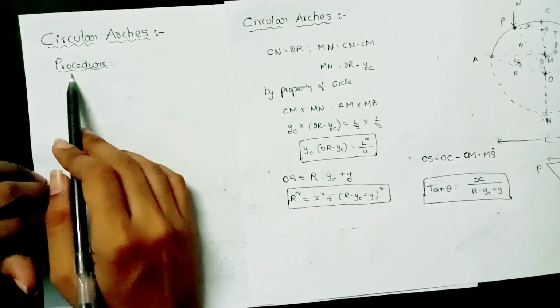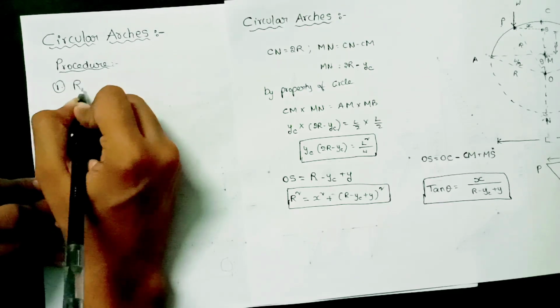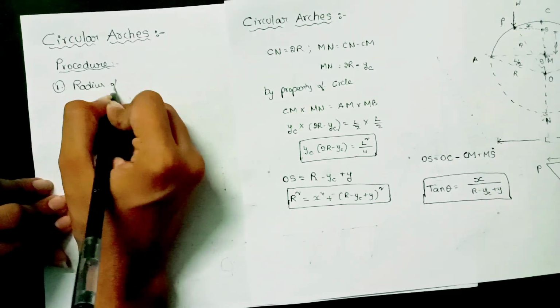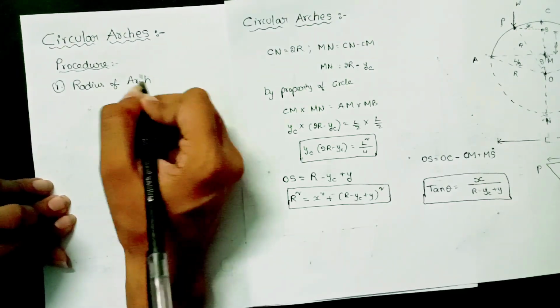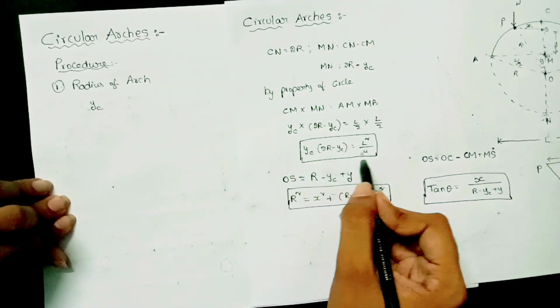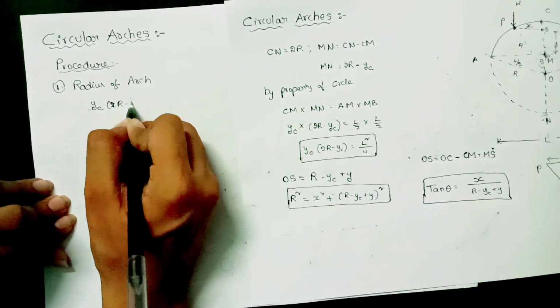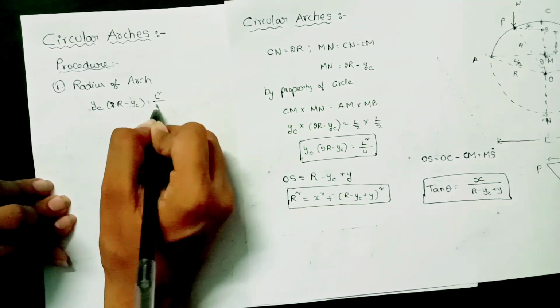Now coming to the procedure of analysis of circular arches, the first step is to calculate the radius of the arch. A circular arch is given and we have to find its radius. The radius of the arch is calculated by using this formula, YC into 2R minus YC equals L square by 4.